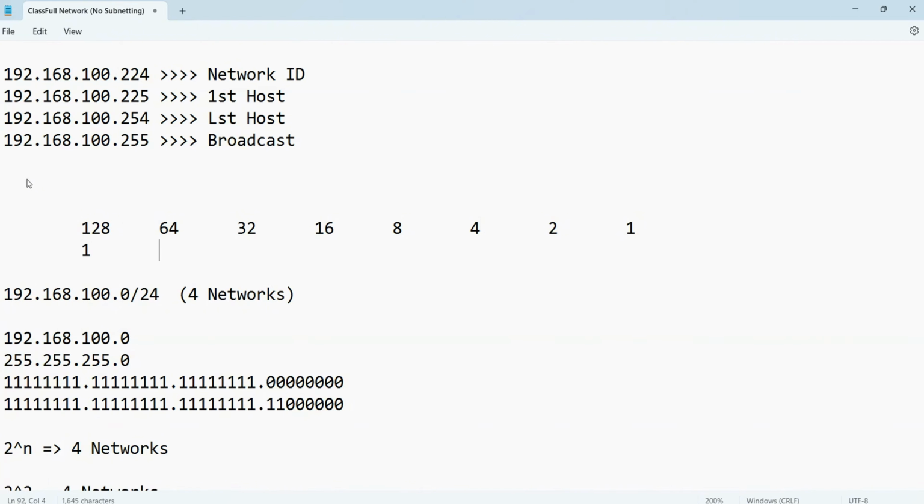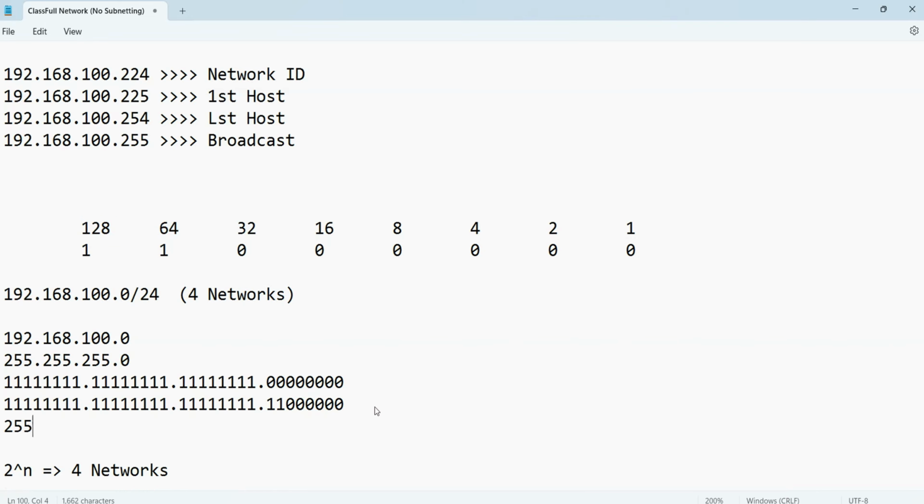So I borrowed 11000000, 2 bits. 128 plus 64 is 192. So 255.255.255 dot 192.